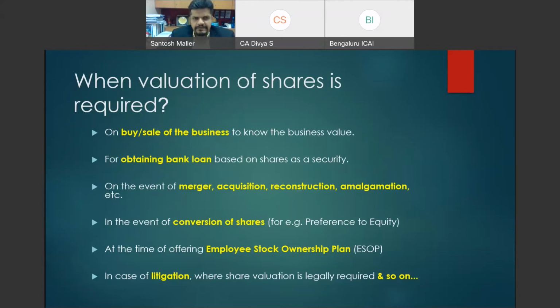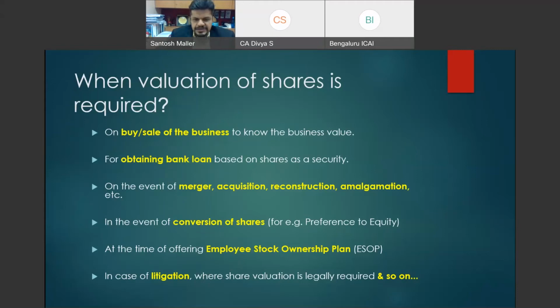So, for example, if a subsidiary is being merged with a holding company, in that case, the valuation of shares of the subsidiary company will have to be determined. And accordingly, there has to be a consideration which has to be determined for the purpose of merger.